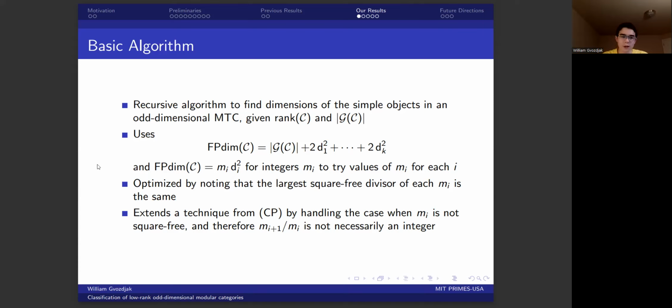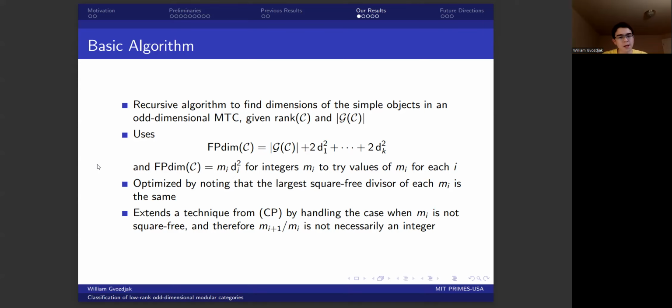So this is really, really nice because it means that if we determine what the value of m sub 1 is in the very beginning of the algorithm, this means that we have already determined what the largest square-free divisor of every single m sub i is for the rest of the algorithm. So what this reduces the algorithm to doing is just determining what the remaining square portion of each m sub i is. And this is much, much faster because we only have to try all the perfect squares in some range instead of trying every single possible value.